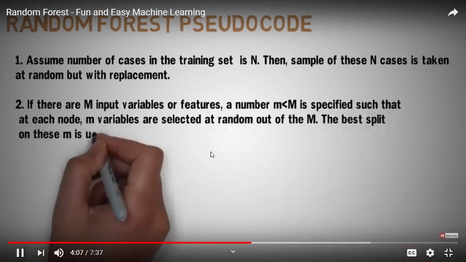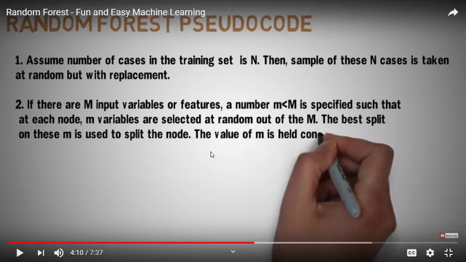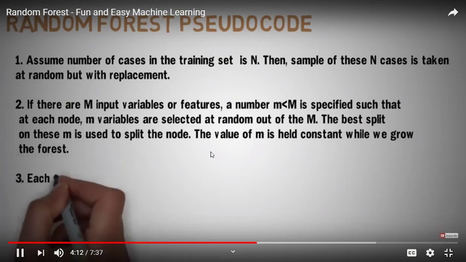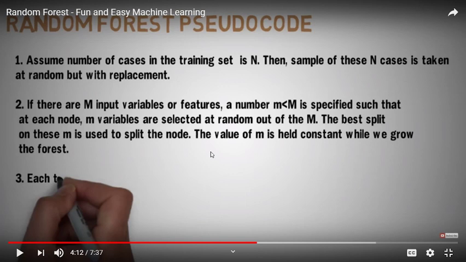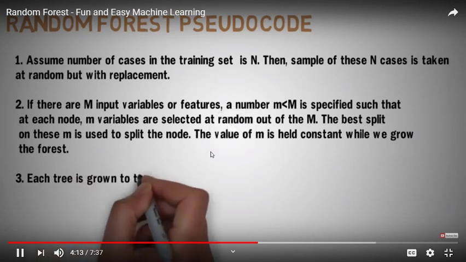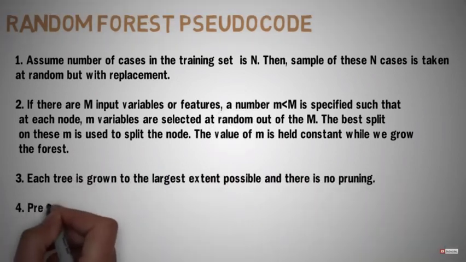a number m smaller than M is specified such that at each node, m variables are selected at random out of the M. The best split on these m input variables is used to split the node.